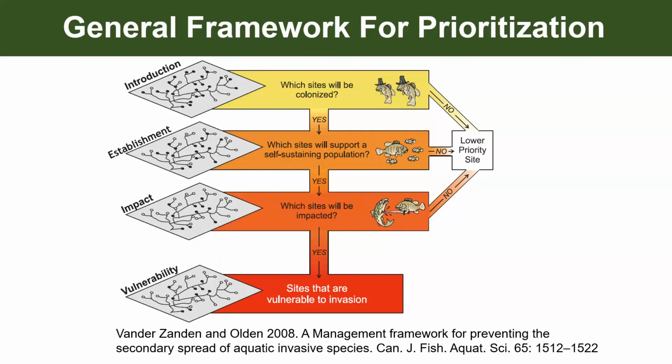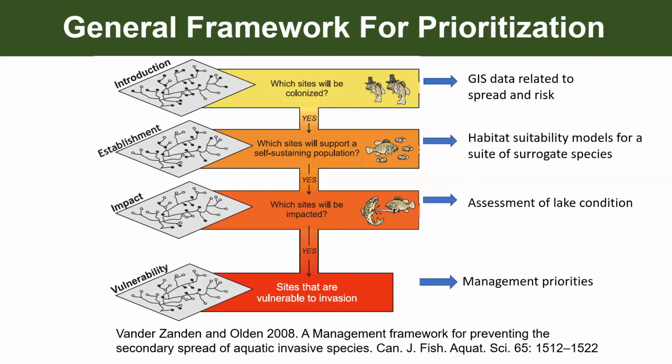By going through this process, it leads you to the vulnerability of a particular lake or water body. And so we applied this to spatial data that we have available to us at the statewide level.